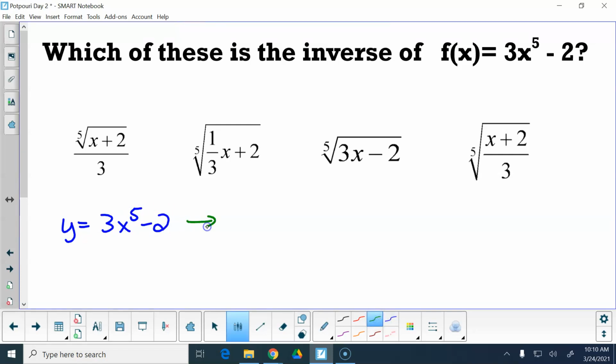So when I switch the x and the y, that's going to become x equals 3y to the 5th power minus 2. Add 2 to both sides. Divide both sides by 3.